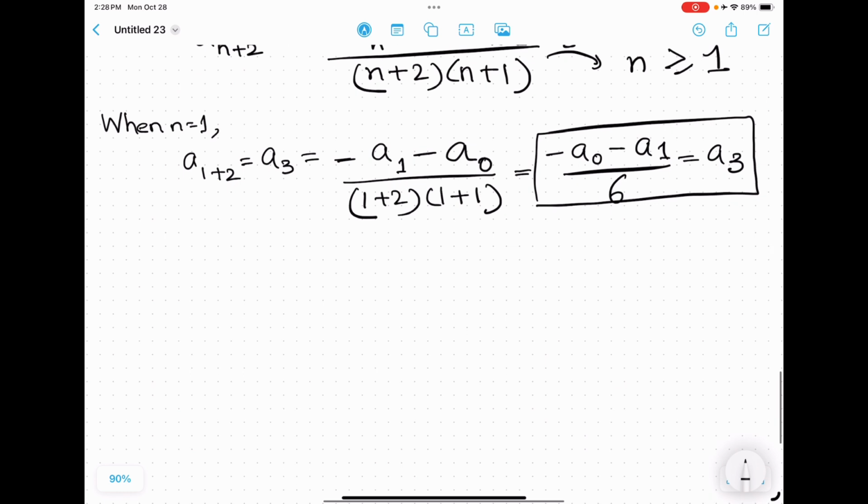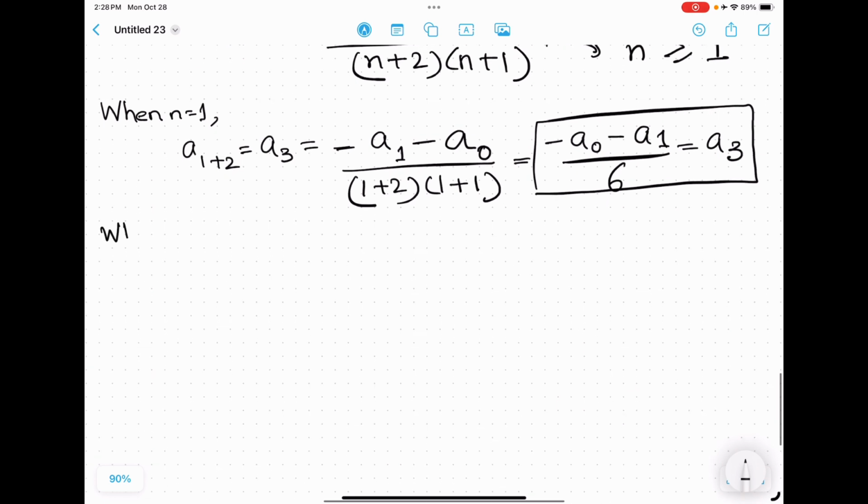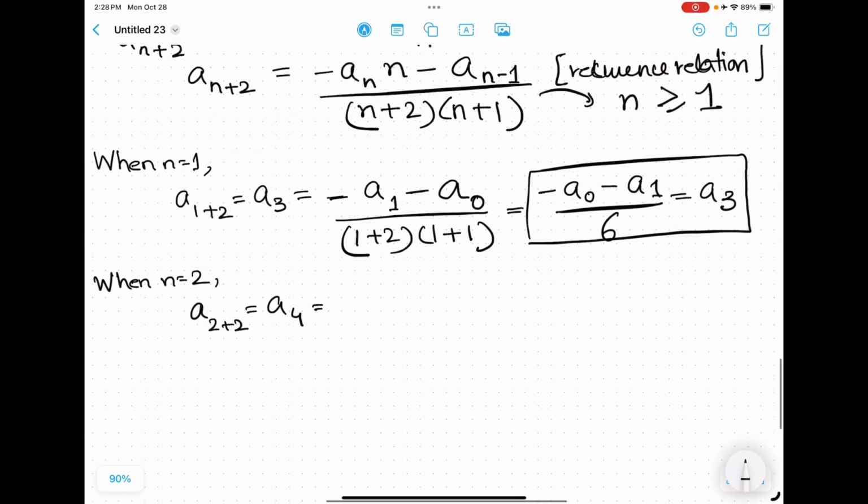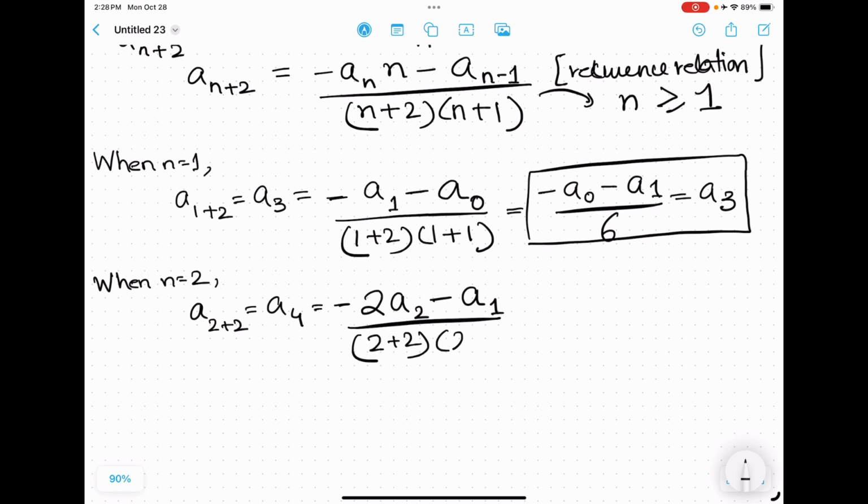Then similarly, let's do n equal to 2. I have a sub 2 plus 2, which is a sub 4, equals negative 2 times a sub 2 minus a sub 2 minus 1, which is a 1, divided by 2 plus 2 times 2 plus 1.